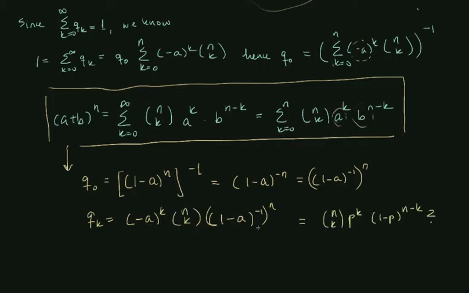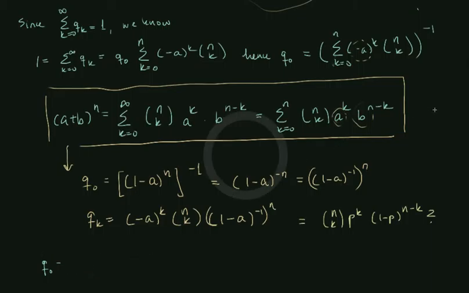One thing we can notice is that we really want 1 minus a to the minus first to be equal to something that has to do with 1 minus p, right? Because in the standard parametrization of the binomial distribution, the probability of attaining 0 is equal to 1 minus the success rate to the n.